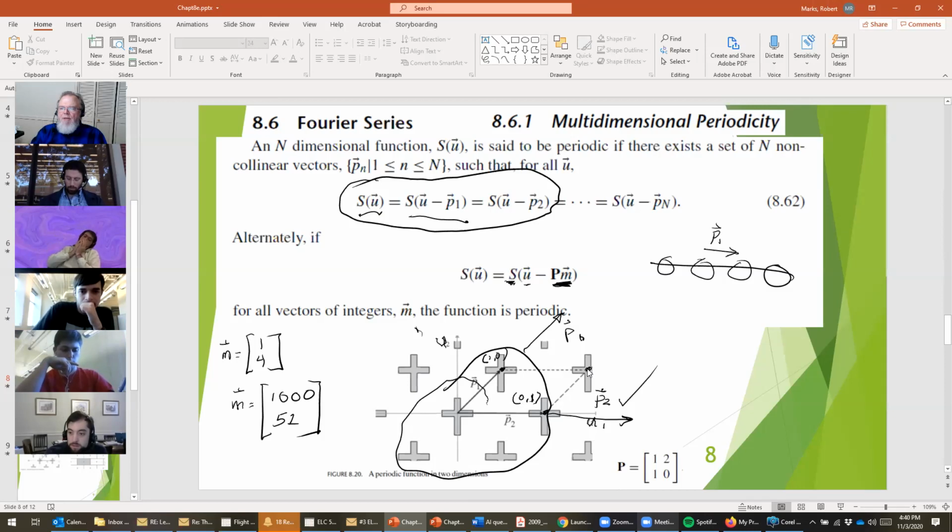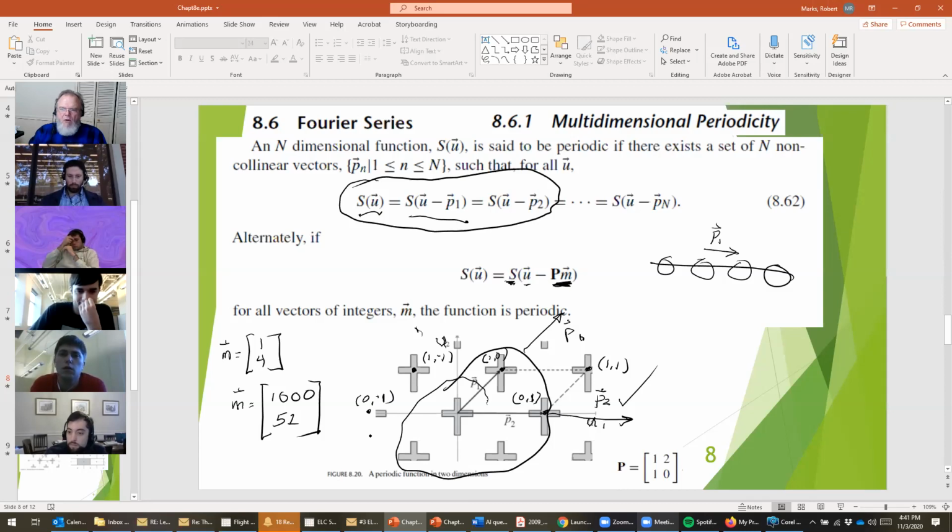It would be 1, 1, wouldn't it? And this point, I believe, would be, help me out here, 1, minus 1, right? Whereas the one over here would be equal to 0, minus 1.